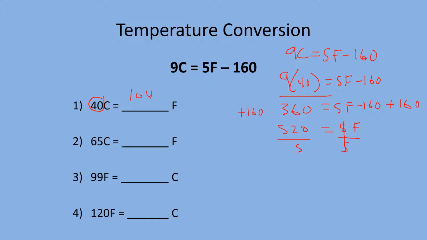All right, one more Celsius to Fahrenheit. This time we're going to plug in 65. So we've got 9 times 65 equals 5F minus 160.